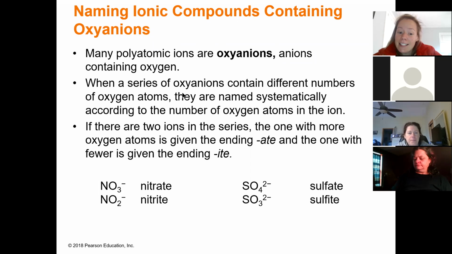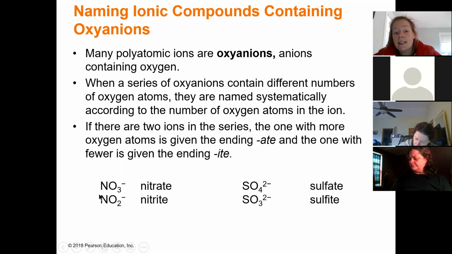So sulfite and sulfate sound really similar to each other, right? Nitrite and nitrate. How are they different? Ites are always 1 oxygen less than the ates. So if you know all of your ates, like if you know nitrate, it doesn't mean that ate is 3 oxygens, because here ate is 4 oxygens. It just means that whatever your ite is will always be 1 less than whatever your ate is.